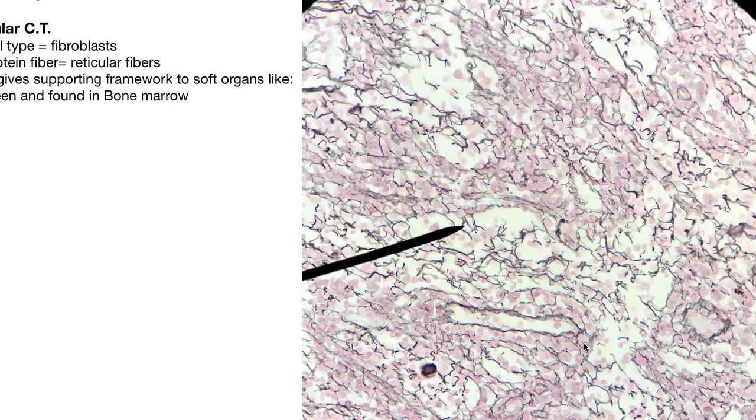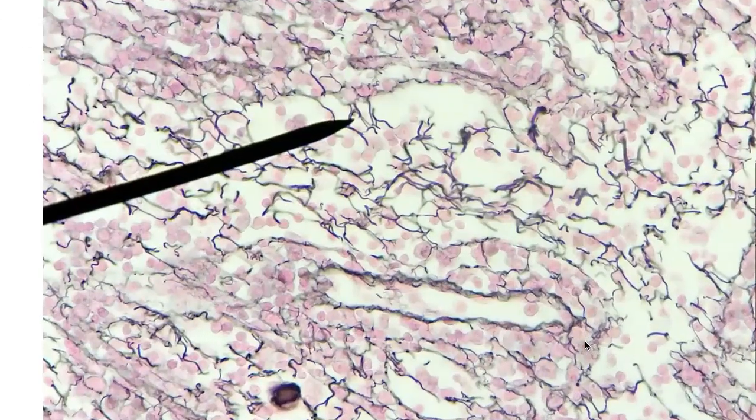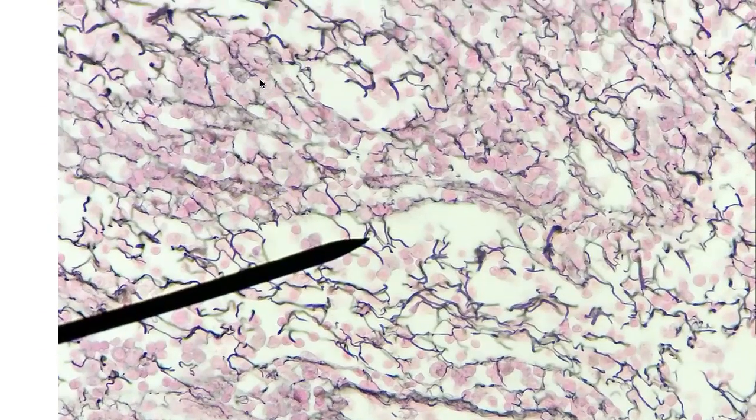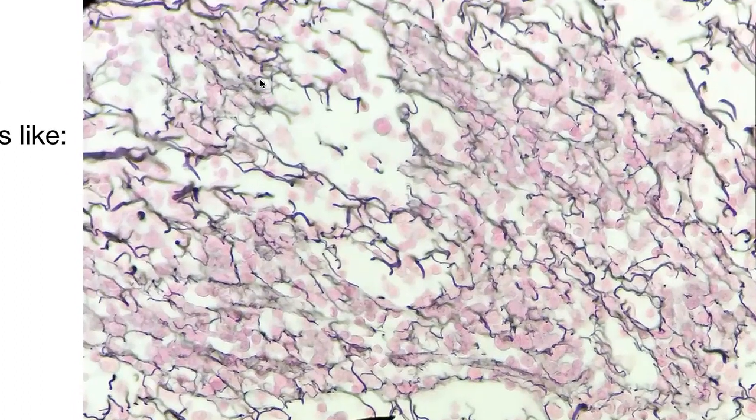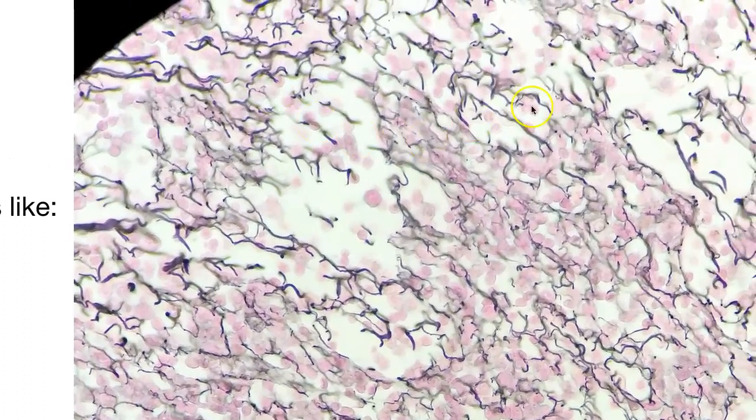So I'm going to go a little bit higher here. So all these fine little black structures here, these are reticular protein fibers all in through here. So these are reticular protein fibers. Easy to see, right? You can easily see these protein fibers. The cells that you see back here, these are not fibroblasts.